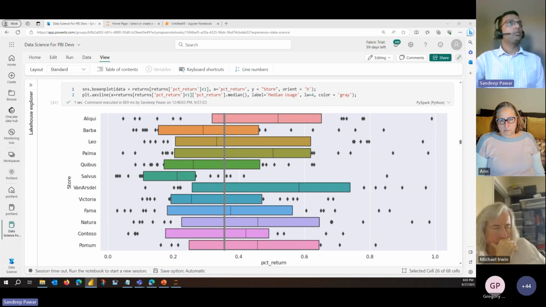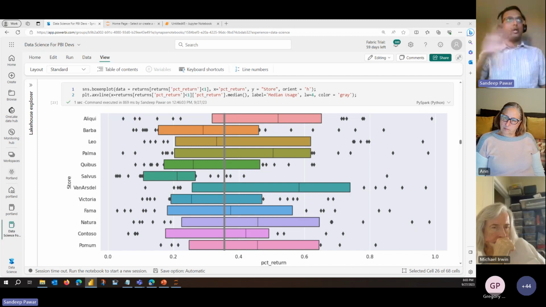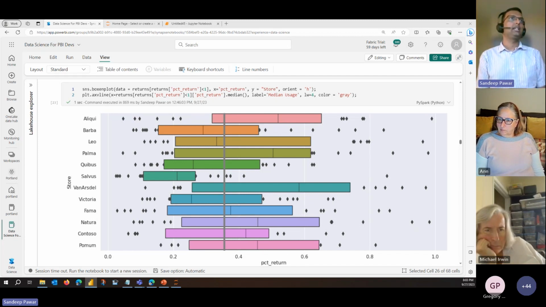In the past, it was not possible. I have written a blog post where you can create these distributions using DAX. Very challenging. You can do lots of different things with it, but still very limited with M and DAX. So this was not even possible to even consider doing something like this in Power BI.